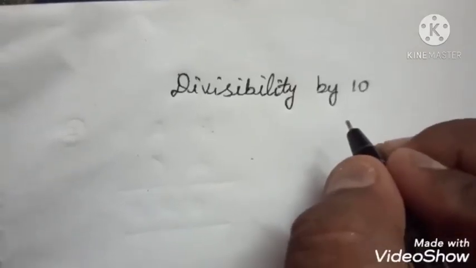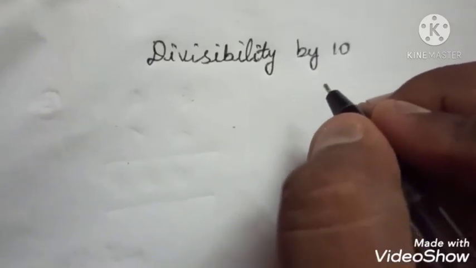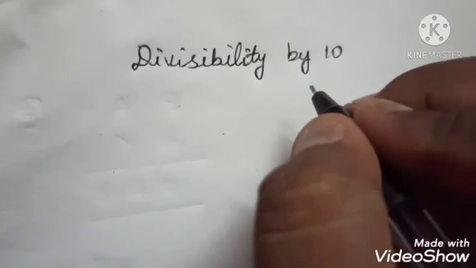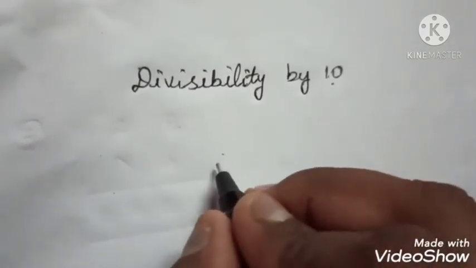So now we see divisibility by 10. Already we have learned about divisibility by 5 and divisibility by 2. So now we move on to divisibility by 10. Here also we take the unit digit.